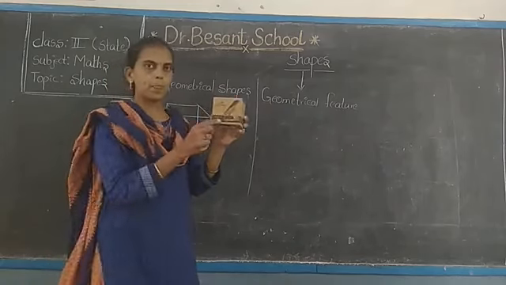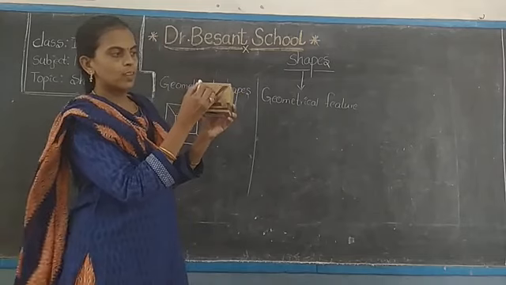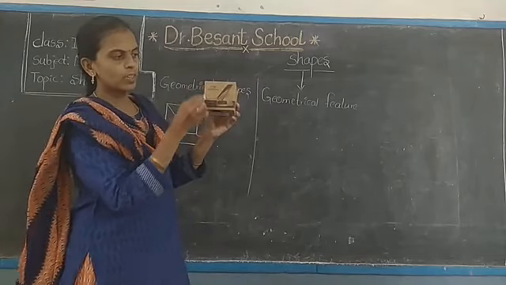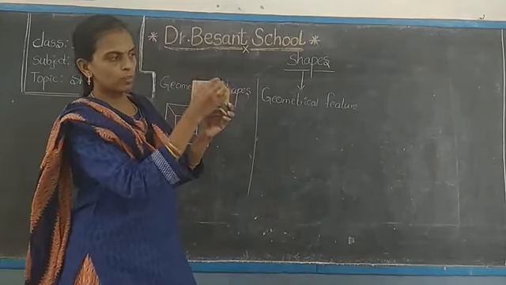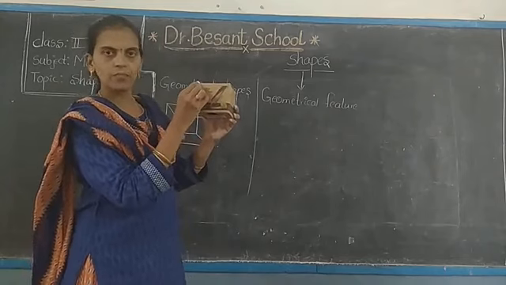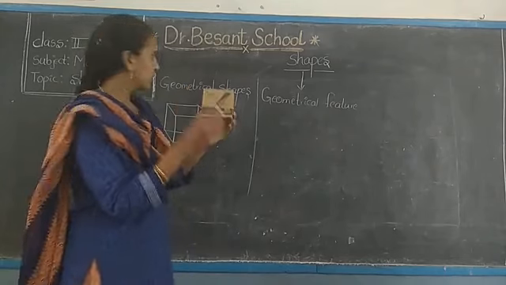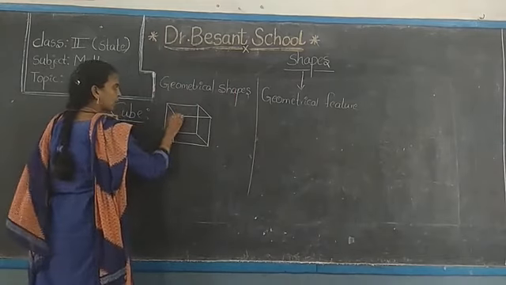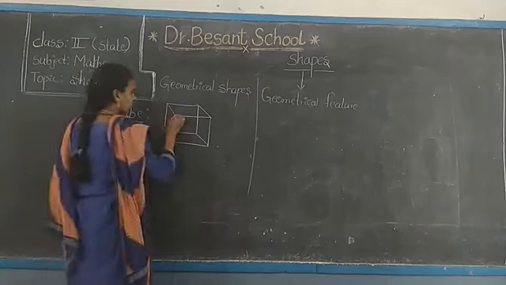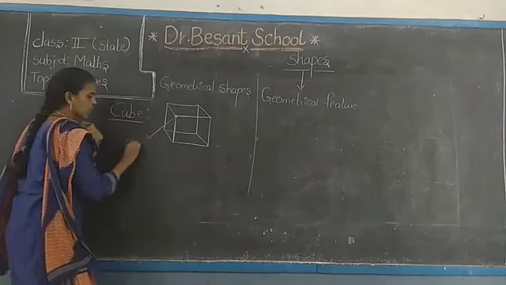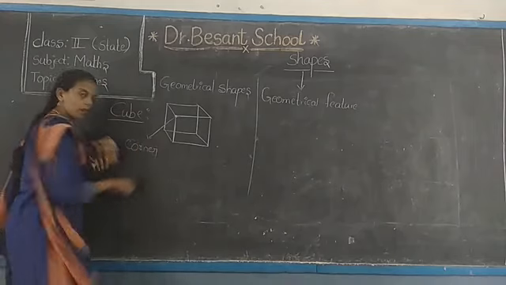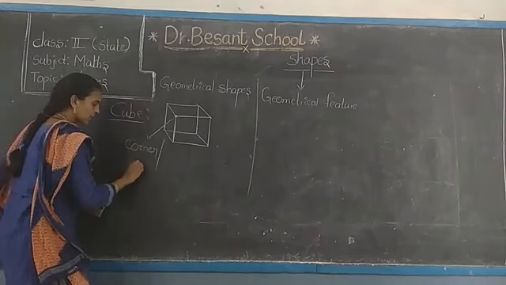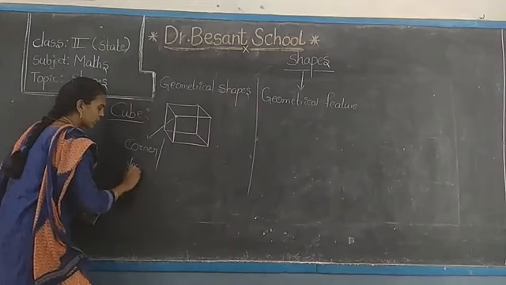Okay, children. So where two straight lines meet at a point, that point is called a corner. I already told you what is called a corner, or we call them a vertex.